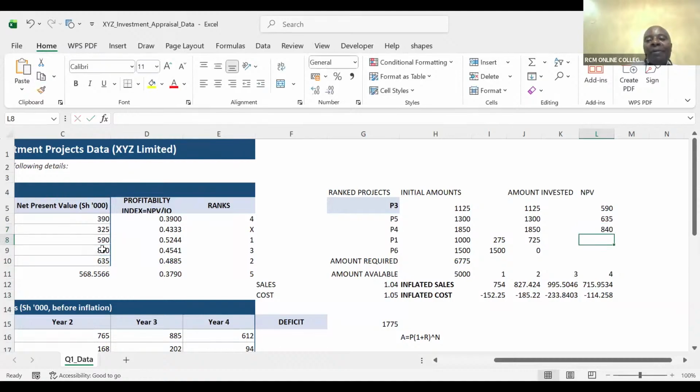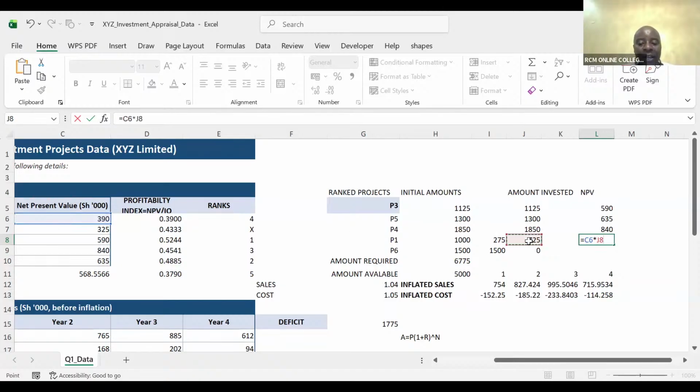Yeah. Then we come to P1, I prorated. So P1, I will come and say equals. I will pick the P1 NPV. But you see now, I will say times the amount that I invested here, which is 725. I divide by the original amount, which was 1,000.